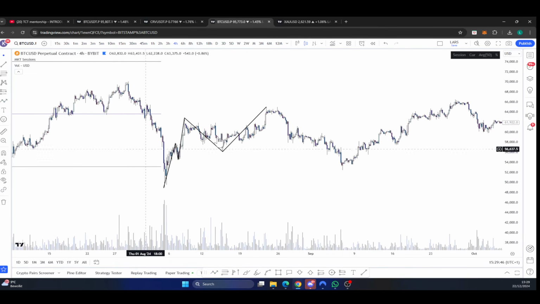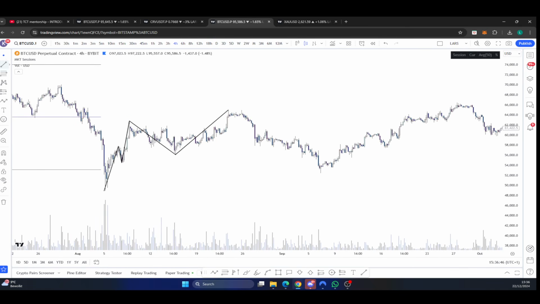But when I'm showing this to you guys, you should already immediately see that this is not just upward structure. As you can see, there's already a major difference in this first market structure pool that broke market structure right here, and the second one.